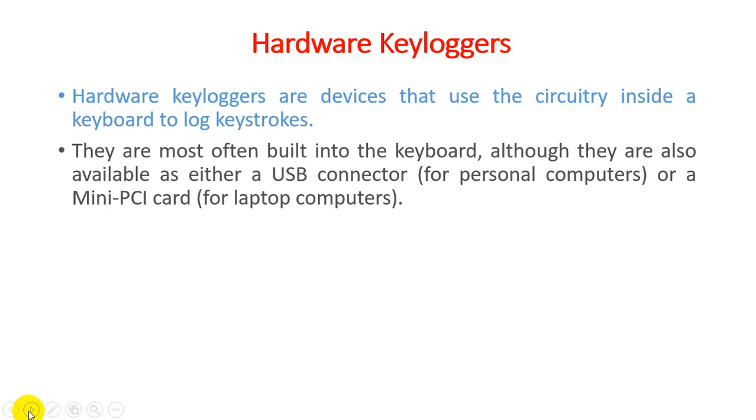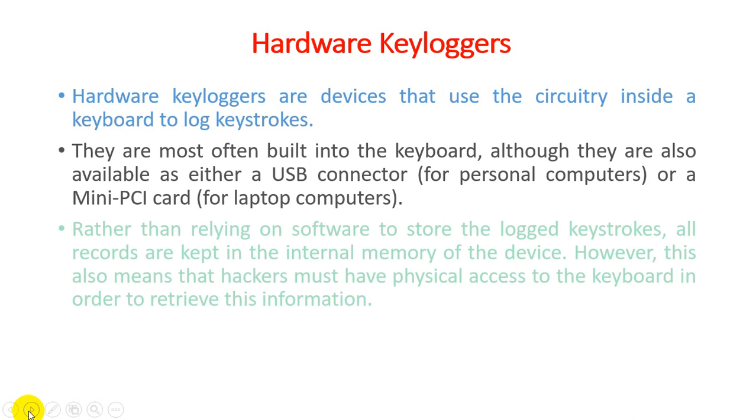So if someone installs a hardware keylogger in our system without our knowledge, we can't identify that a particular system is working with a hardware keylogger, because we never know what different hardware is part of our system.